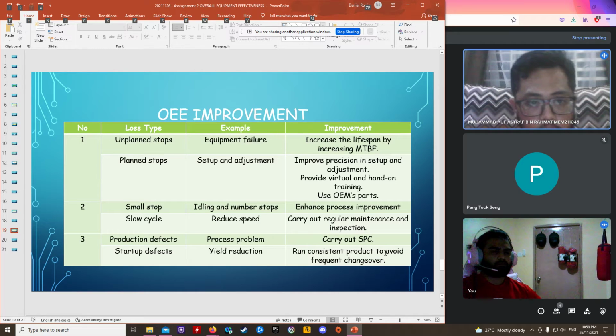Another point about OEE improvement: we can divide it into three categories. For availability, there is unplanned stop.